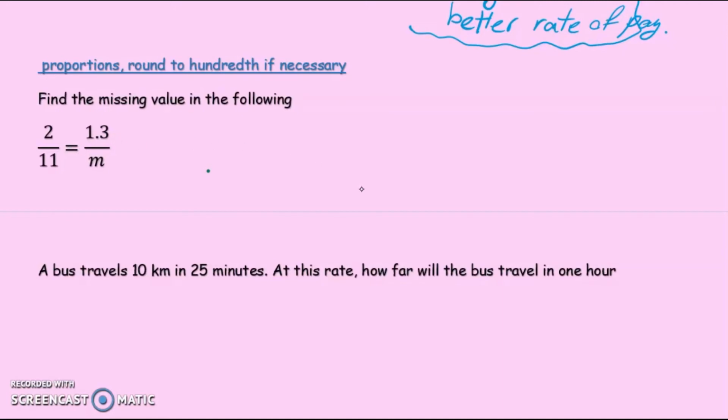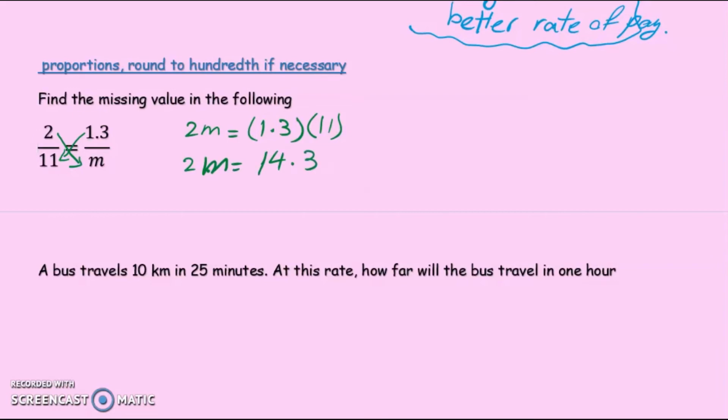What's the strategy? The strategy is using cross multiplying. This should be multiplied by this, and 2 should be multiplied by m. 2 times m would be 2m, just keep it as it is. And then 1.3 should be multiplied by 11. These two, if you multiply, would be 14 times 14.3.